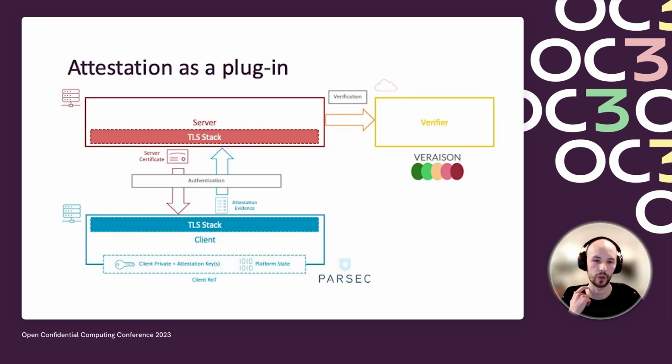Going back to our prototype architecture diagram, I just wanted to emphasize the fact that we have this goal of trying to make remote attestation very easy to use as an authentication mechanism in various protocols. And this does involve the fact that authentication has to be orthogonal to the rest of the protocol.